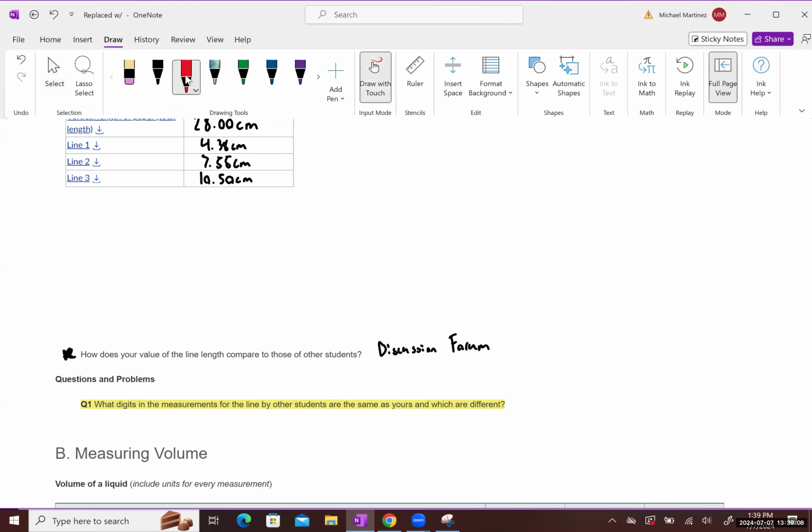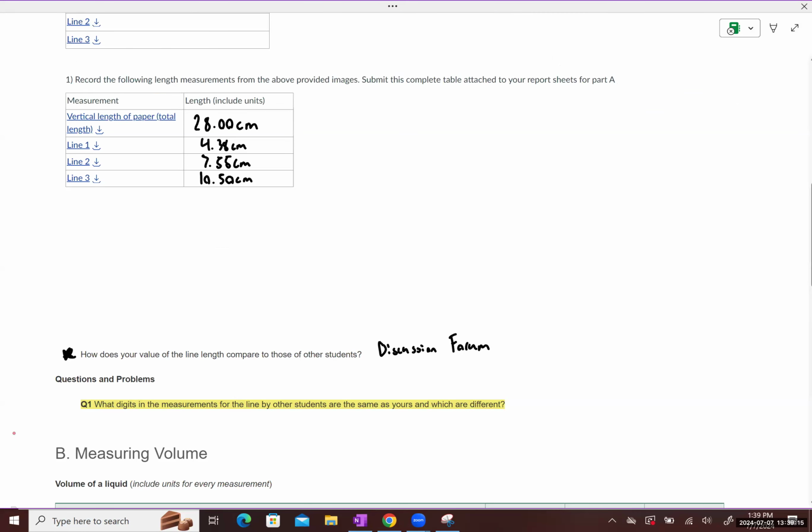Let's suppose that we've collected some student data. Suppose student 1 had the following measurements in their data table.